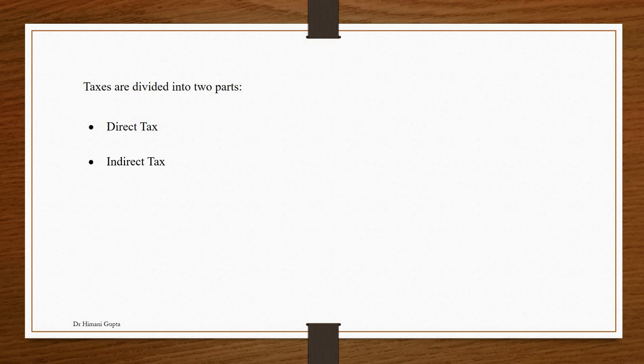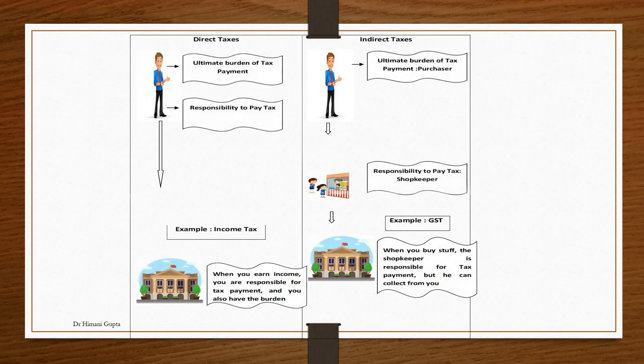Which means the person who pays tax pays it to some other person, and that person has the responsibility to deposit the tax to the government. Let's understand this concept in detail.